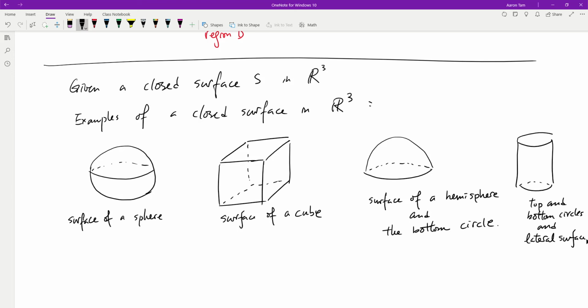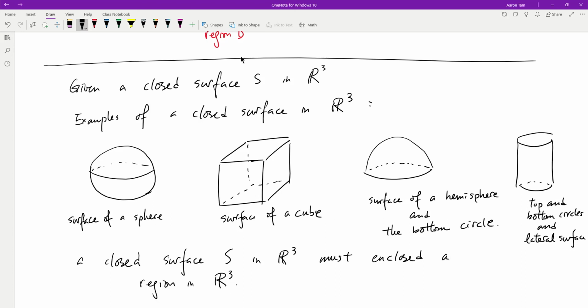So the interesting thing about it is a closed surface must enclose a region in R3. And hopefully some of you are seeing the parallel that I'm trying to form here with the closed curve integral. So a closed surface S in R3 must enclose a region in R3.